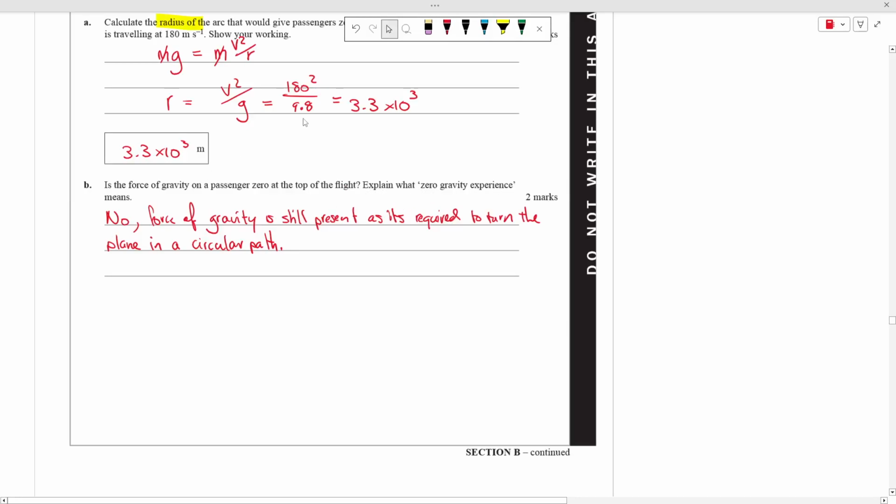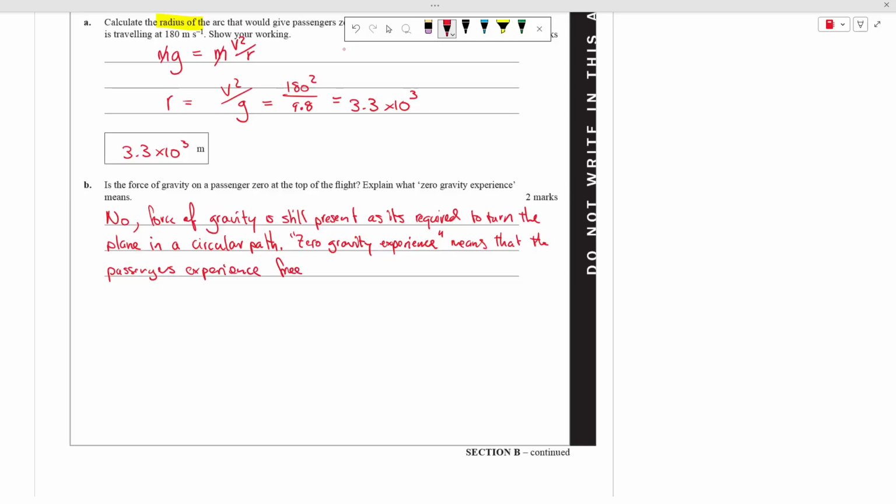Explain what zero gravity experience means. Okay, so zero gravity experience means that the passengers experience free fall, or zero apparent weightlessness, whatever you want to say.